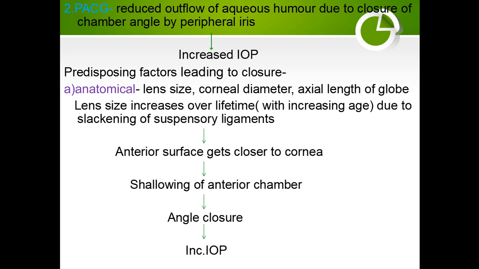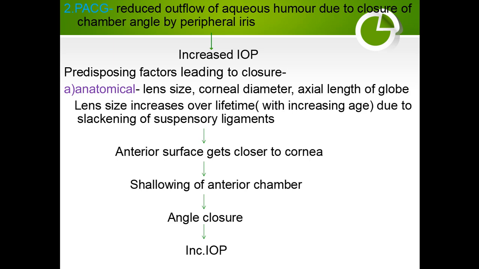So anatomical reasons like lens size, corneal diameter, axial length of globe can be the reasons for primary angle closure glaucoma. Usually the lens size increases over time with increasing age due to slackening of suspensory ligaments. The lens is held in position by the suspensory ligaments.